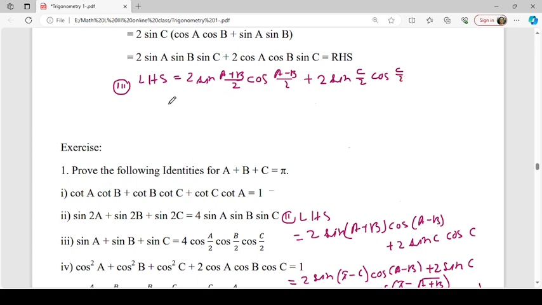and then this sin of (a plus b) by 2 we write as 2 sin of (pi by 2 minus c by 2), then cos of (a minus b) by 2, then this will be cos c by 2.